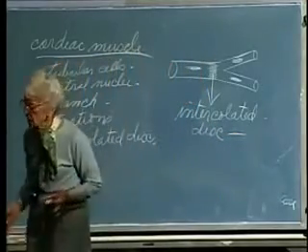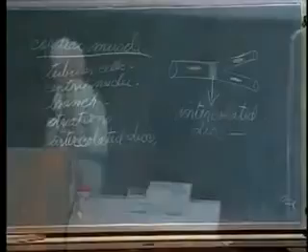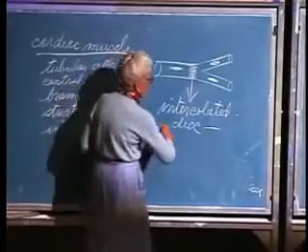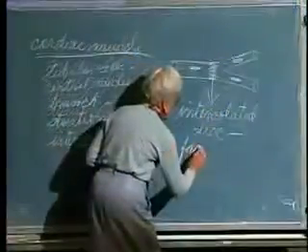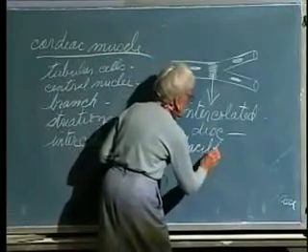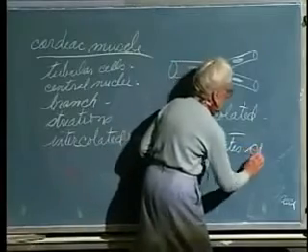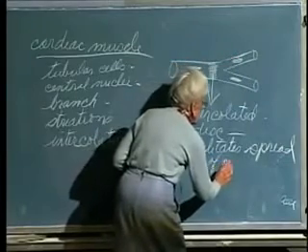Where have you seen an intercalated disc before? Ever? Any junction ever look like an intercalated disc? What's it doing? It's facilitating the rate of transmission here along the fiber. It facilitates a spread of contraction.